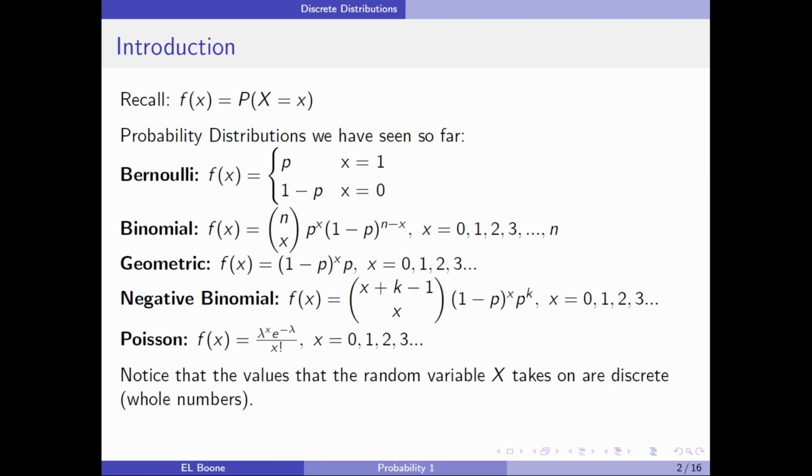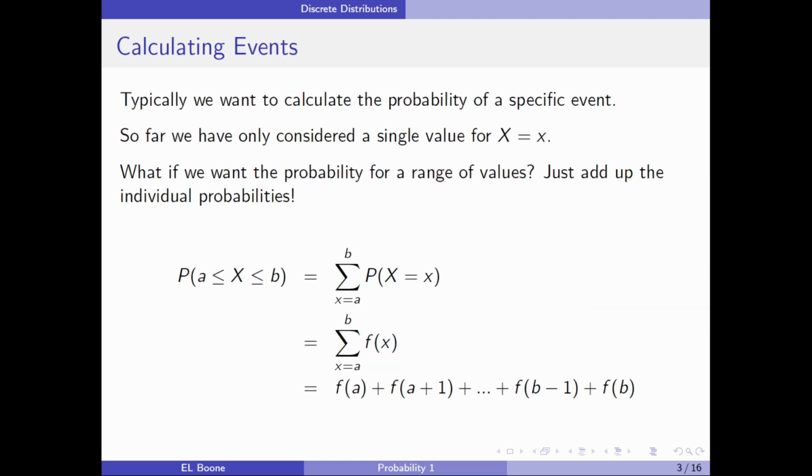Now, what we'd like to do is be able to calculate more complex probabilities, and that's what we're going to do in the next two videos: look at how we put ideas together to calculate more complex experiments. All right, so typically we want the probability of a specific event. The only events we've considered so far are single values, but often we want a range of values.